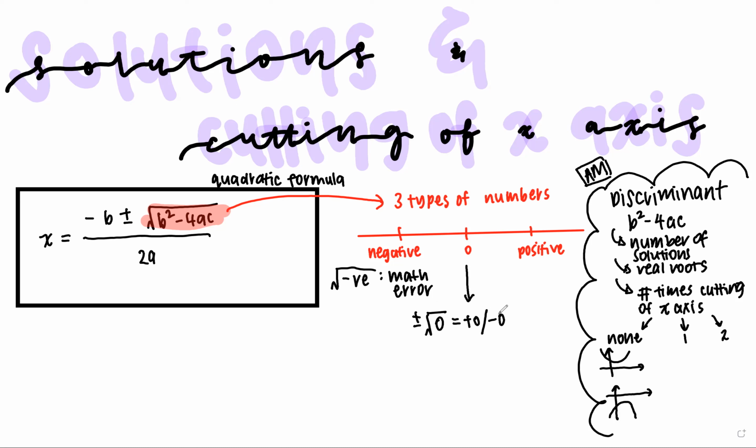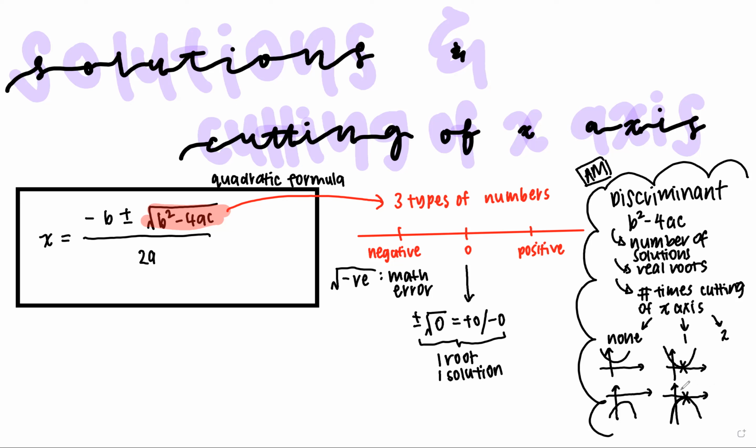Yes, it means that it is only one root, meaning to say there's only one solution. So what does one root or one solution mean? One root or one solution means it only touches the x-axis at one point. Can you see here? 1 point. The U shape is also the same thing. It touches only at 1 point.